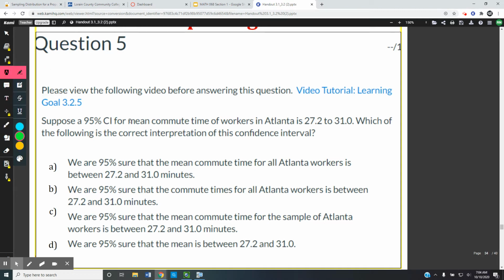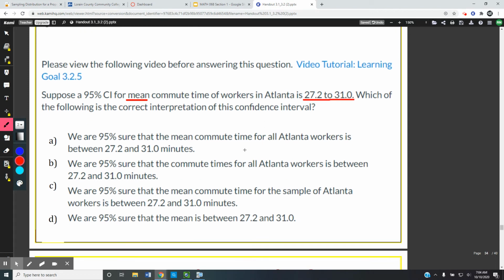First of all, this is a mean value. So we're saying that the mean value of all commuters in Atlanta is somewhere between here and here. Because remember, the population talks about all. So the question is, which one says what I just said?